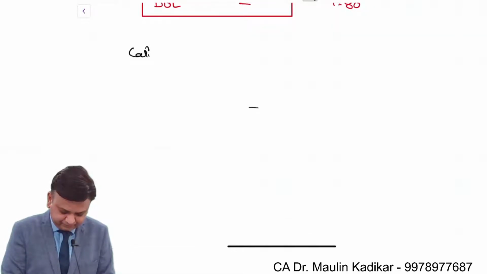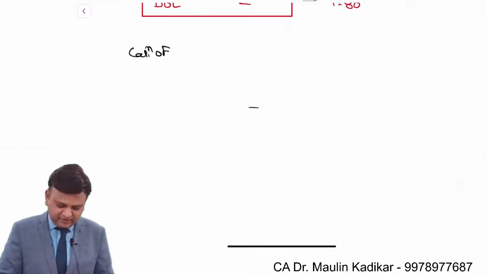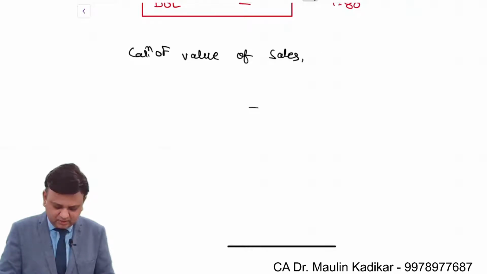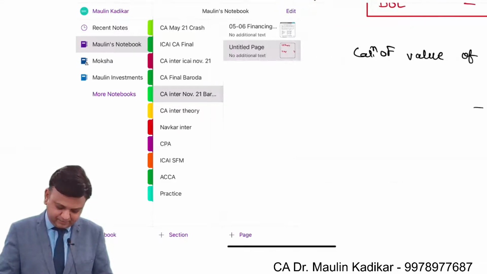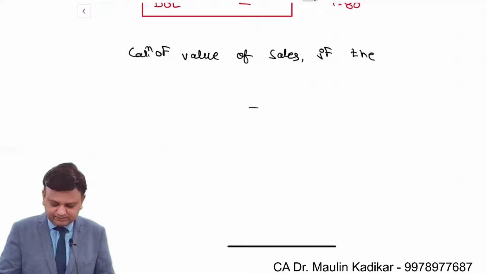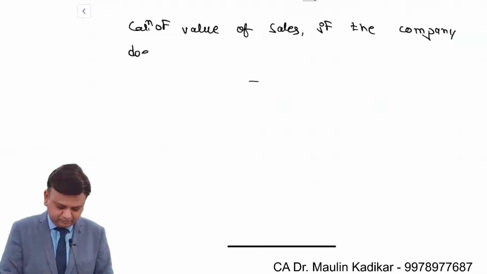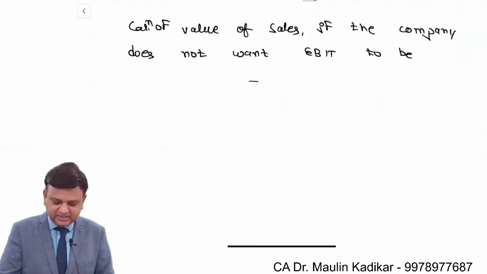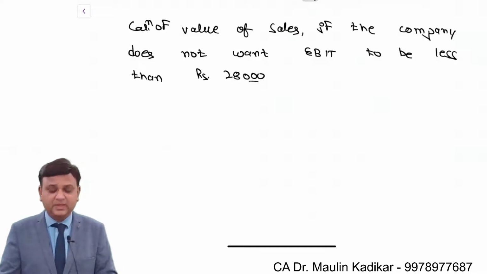Calculation of value of sales, if the company does not want EBIT to be less than rupees 28,000. That is what we understand.